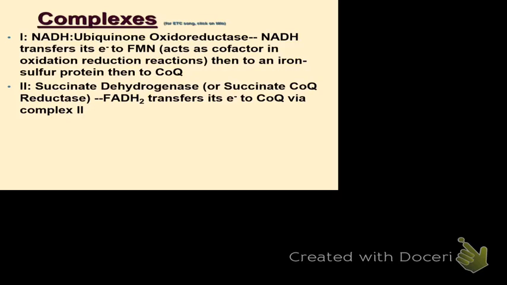This is that enzyme. And it directly links the citric acid cycle to the electron transport chain. Because if you remember, it makes an FADH2. The FADH2 can then go directly via this complex to the electron transport chain. And it also has some special parts to it.